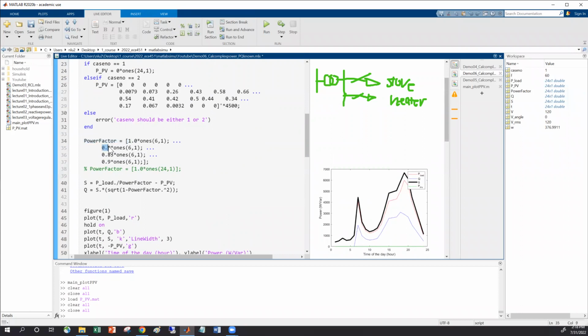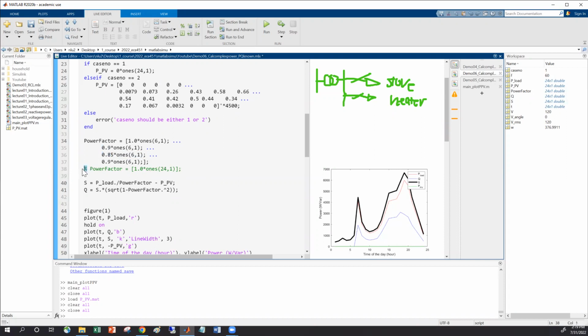Starting from hour 7, you will have some reactive power, and the reactive power is increasing. From hour 12 to hour 18, the reactive power is higher because I have basically 0.85, and also the power is increasing. You can see that the reactive power is increasing.